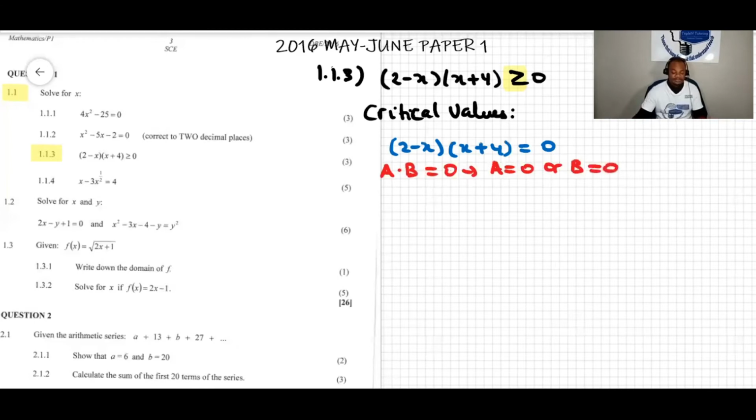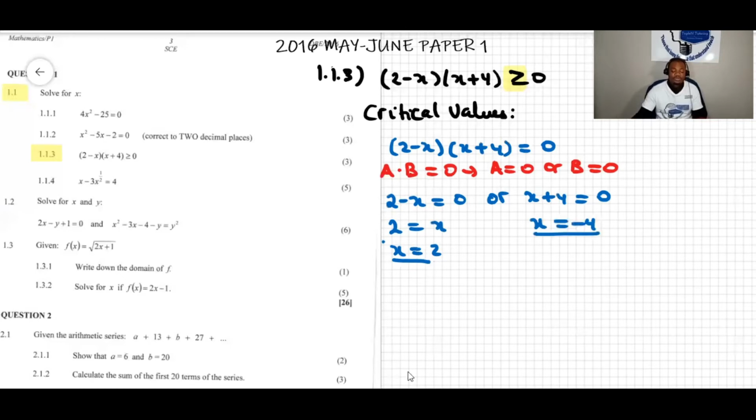So in this situation, we will do 2 minus x equals 0 or x plus 4 equals 0. If I move the x over, I'll have 2 equal to x, which means x is equal to 2. This is not the solution, but it is a critical value, one of the boundaries. Similarly for x plus 4, if I move the 4 over, this will be negative 4. This is also another critical value.